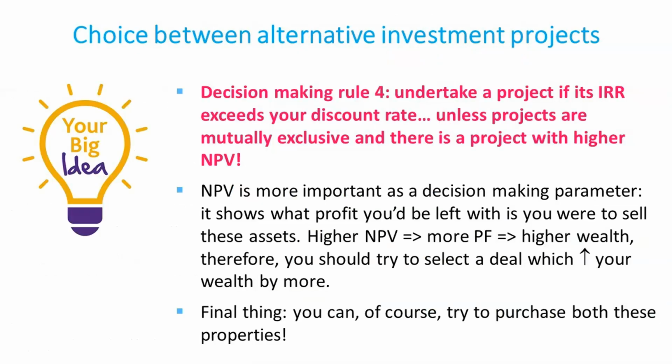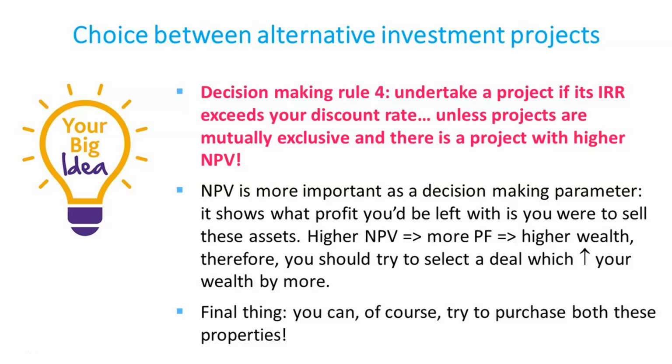Generally, what is important is that net present value is much more important in this case. When you buy a flat, you do generate higher percentage returns, but you receive your 14% return on a smaller sum. And as a result, your actual increase in wealth will be lower, 40,000 rather than 59.